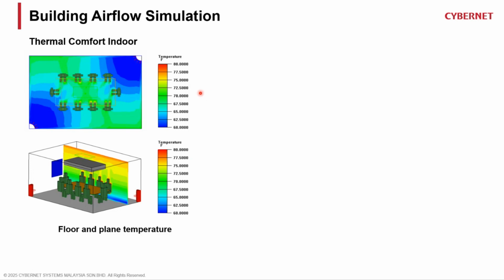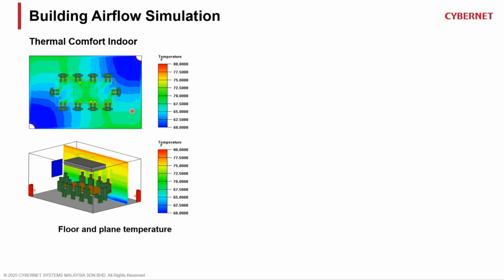So when we talk about simulations of airflow inside the building, in the internal space, you talk about comfort as well, whether it's too cold, too hot, or too humid. So take this example: a meeting room setting, you have people sitting here, and of course there's going to be aircon and the outlet.